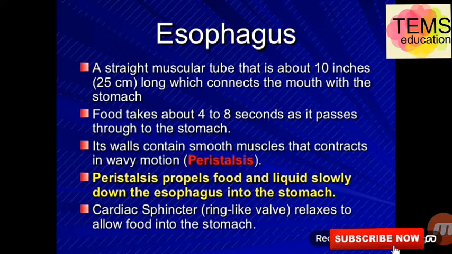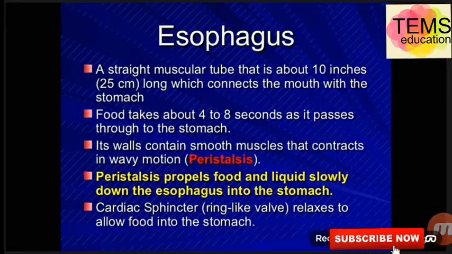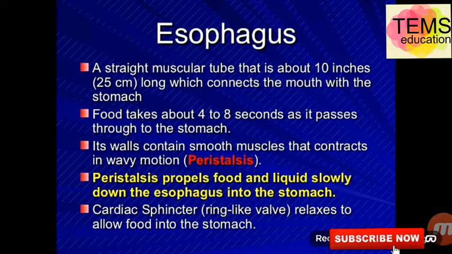The cardiac sphincter, or ring-like valve, relaxes to allow food into the stomach. When the food reaches the end of your esophagus, a ring-like muscle called the lower esophageal sphincter relaxes and lets food pass into your stomach.